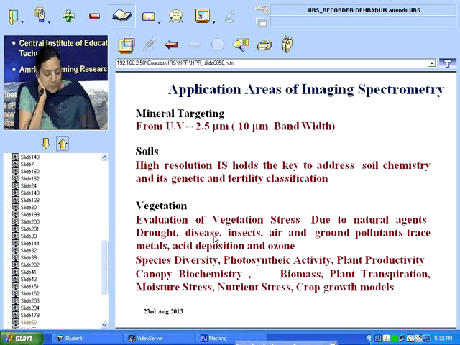In terms of vegetation, the forest health, canopy moisture stress, then the tree species, the species diversity, photosynthetic activity, plant productivity, the canopy biochemistry, biomass, plant transpiration, the crop growth models. All these can be analyzed, studied using a hyperspectral data set. So it has a wide range of applications.